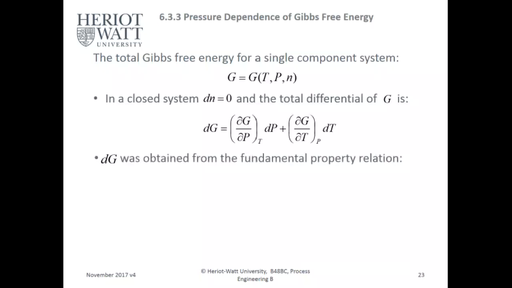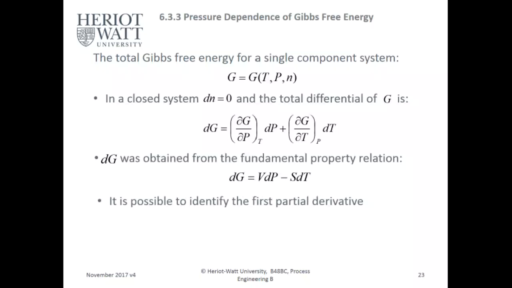And dG was obtained from the fundamental property relations: dG equals VdP minus SdT. Therefore, it is possible to identify the first partial derivative, the change in G over the change in P at constant temperature, equals V.